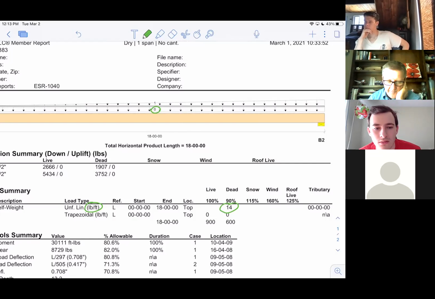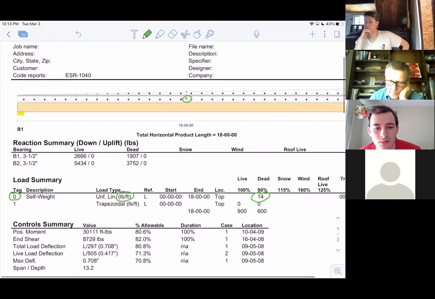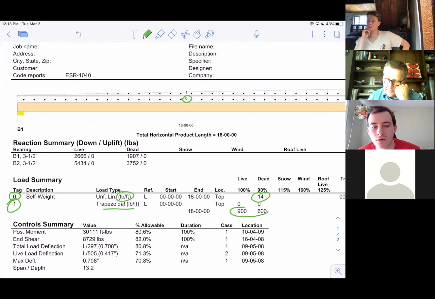But then you have load number 1, a trapezoidal load, in pounds per foot. Then notice right here, that's a total of 1,500 pounds.